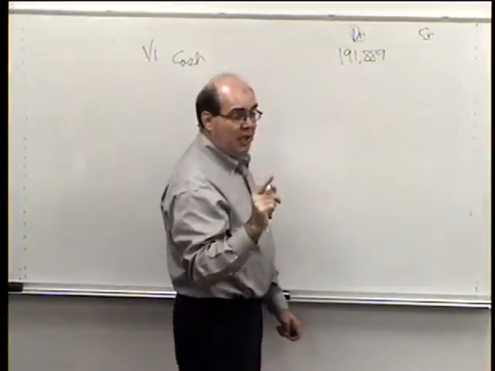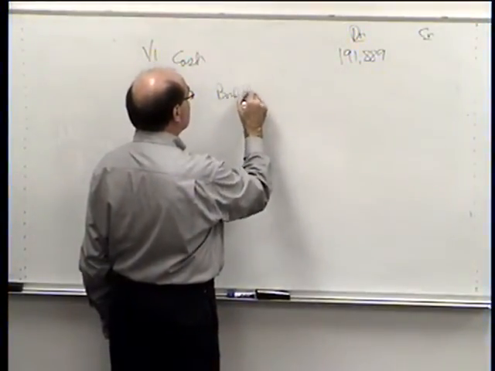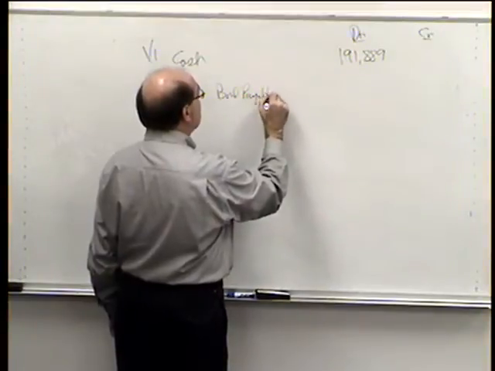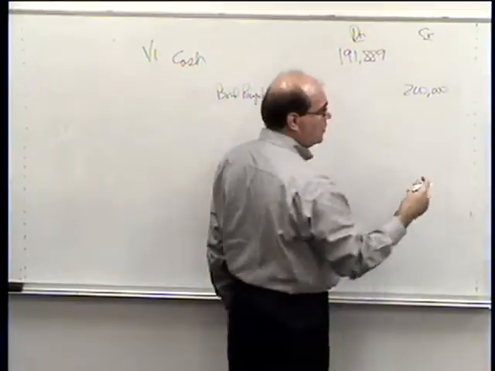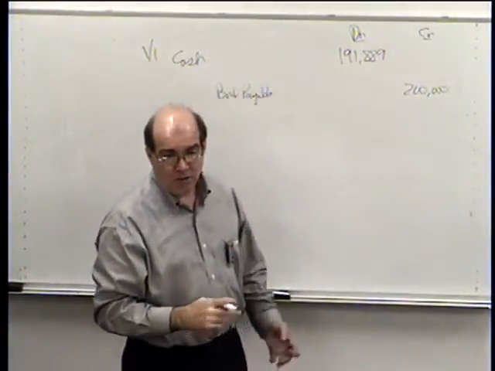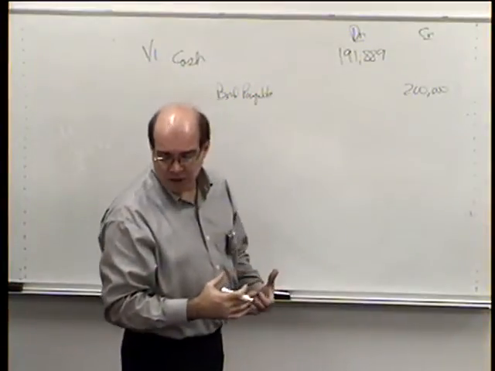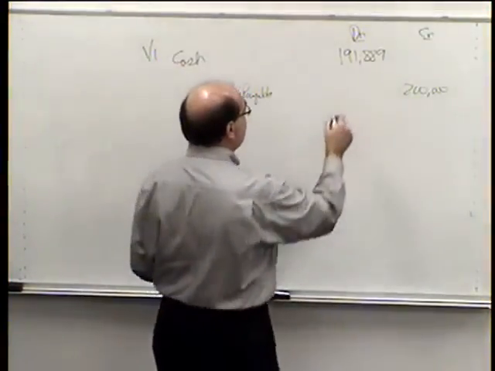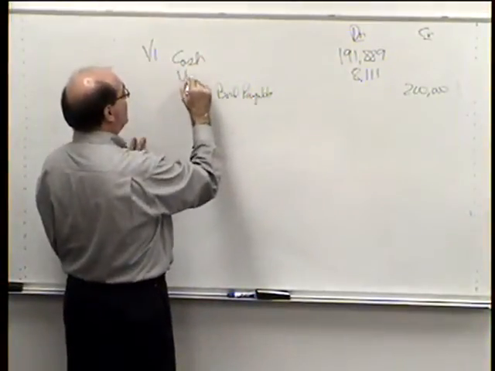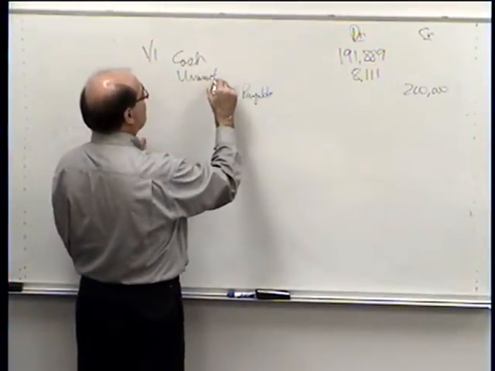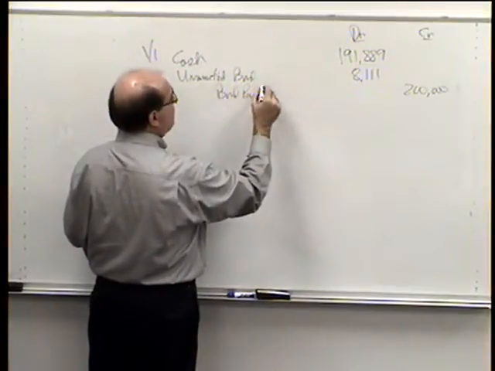But it has an obligation to pay back at the end the full amount, the bond payable. So it's not off the hook. It's still going to have to pay $200,000 at the end of, I think this is 5 years. So the difference must be some number we have to plug in there. Well, this number happens to be $8,111. And that's what we call an unamortized bond discount.